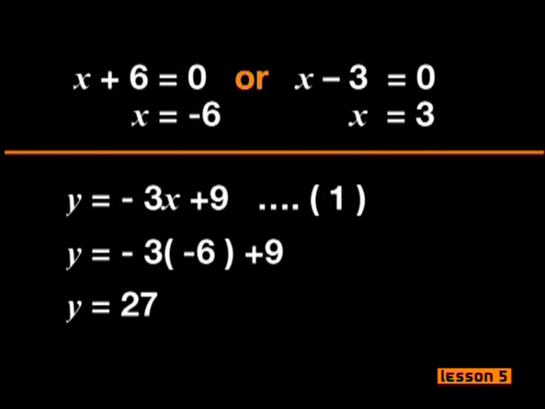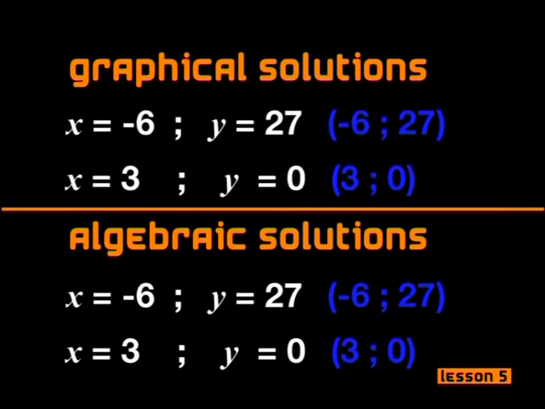And then solve for y, which gives me that y is equal to 27. Then I substitute x equals 3 into equation 1, and I get that y is equal to 0. So the solutions are x equals negative 6 and y equals 27, and x equals 3 and y equals 0.